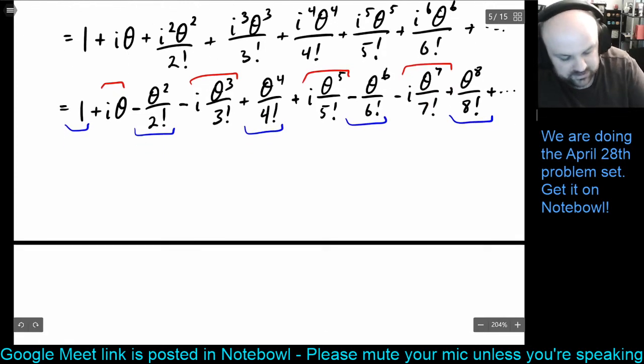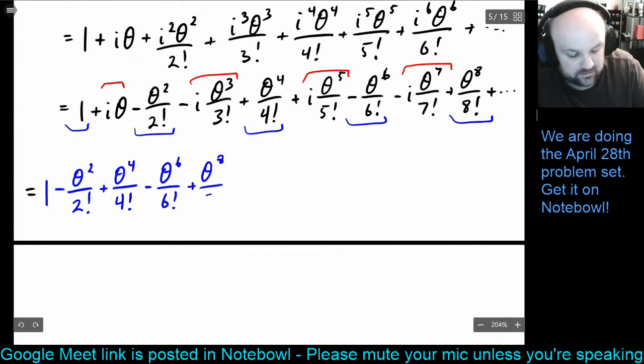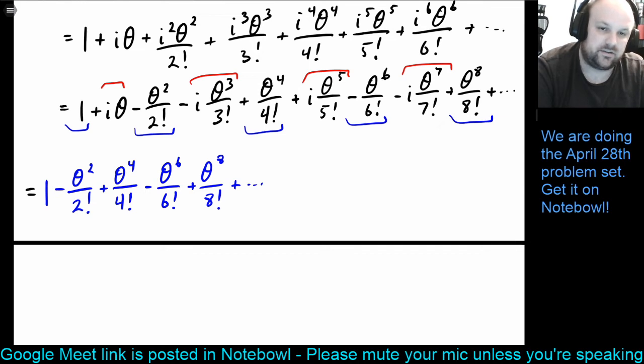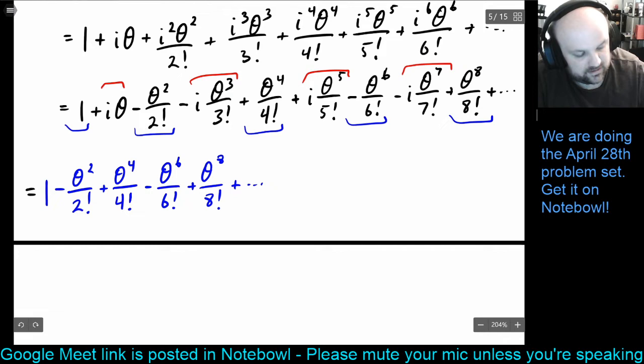All right, so let's group these. We're going to have 1 minus theta squared over 2 factorial plus theta to the fourth over 4 factorial minus theta to the 6 over 6 factorial plus theta to the 8th over 8 factorial. And then there will be more real terms like this, so I'm going to write plus dot dot dot. Then we switch over to the ones with red.